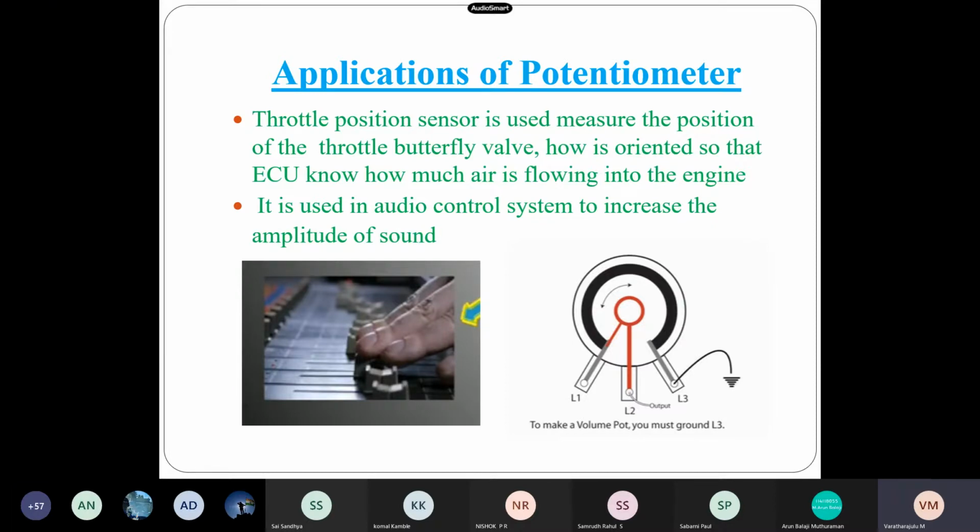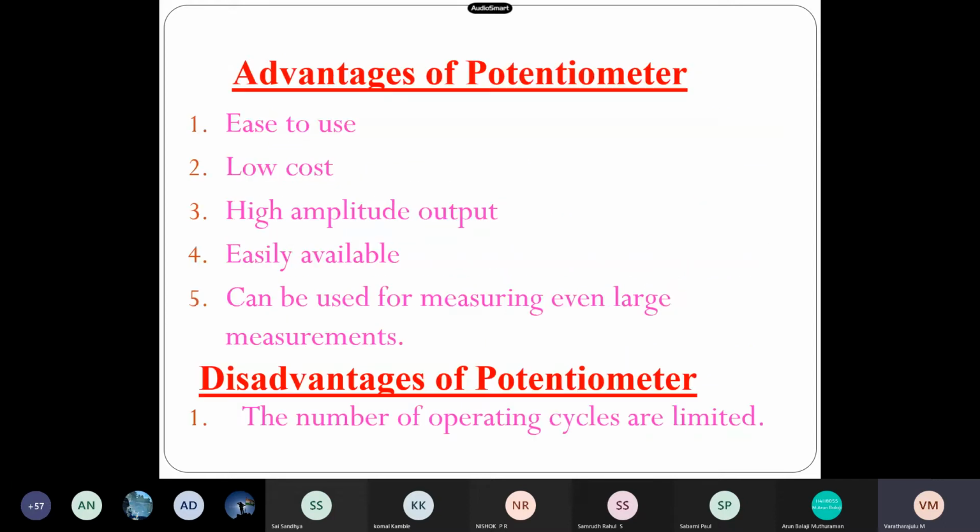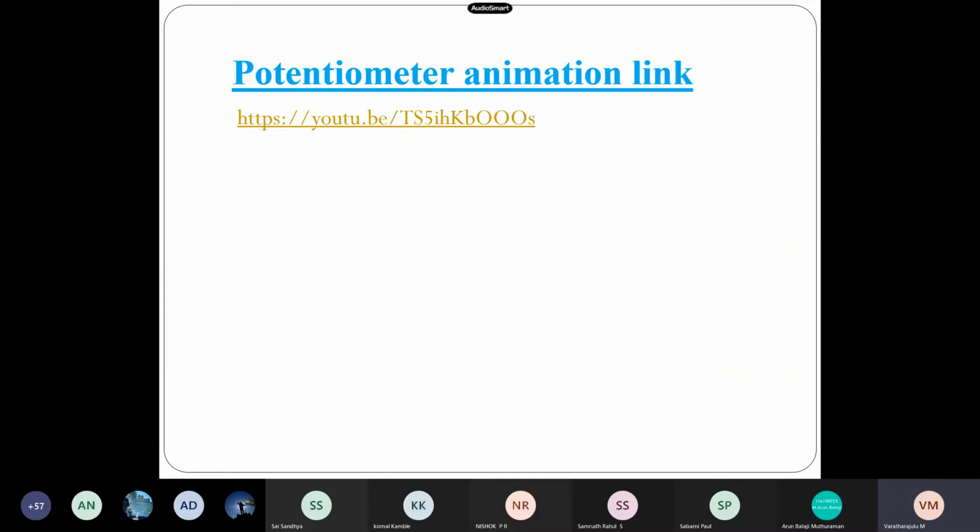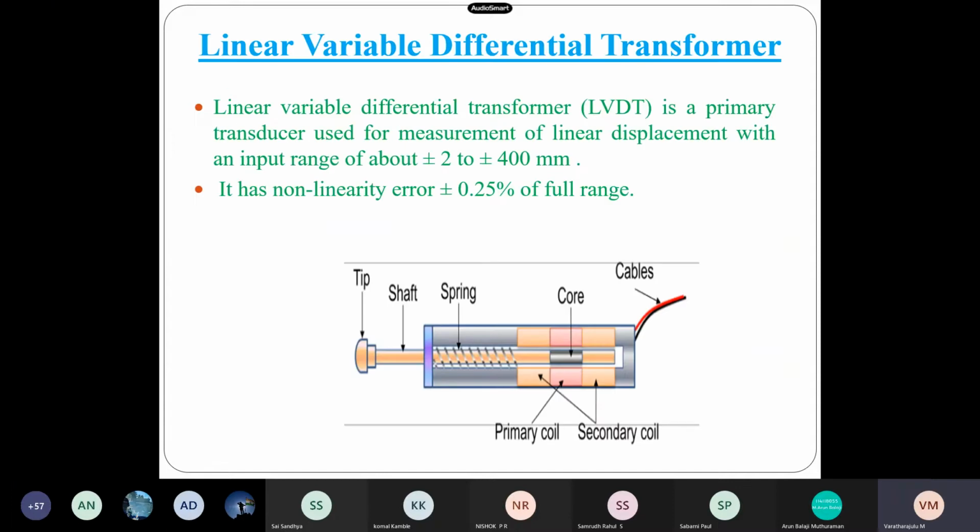The throttle position sensor is used to measure the position of the throttle butterfly valve, so that the ECU knows how much air is flowing into the engine. It is also used in audio control systems to increase the amplitude of the sound, and there are other applications, advantages and disadvantages, which we saw in the last class.